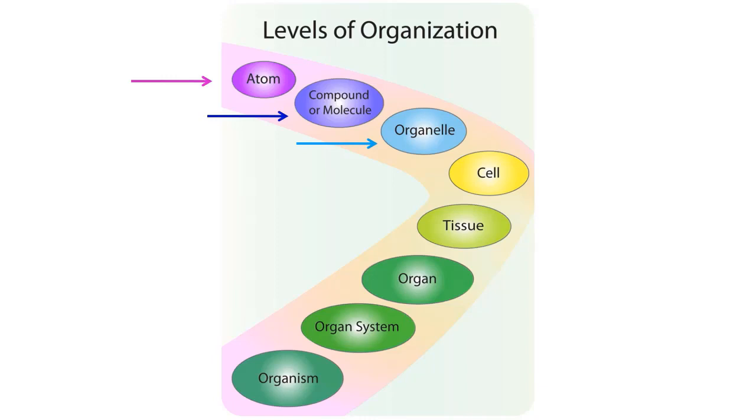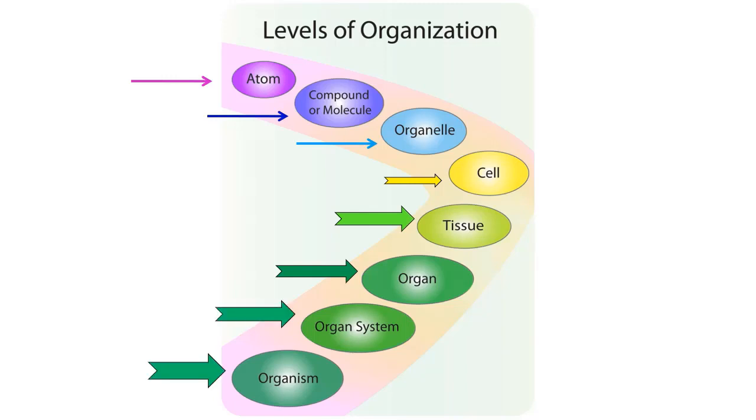Organelles are specific structures inside the cell that will do a specific function, like nucleus or endoplasmic reticulum or mitochondria. Then you have studied the cell as well in your biology. Now here we are going to start studying tissues, organs, and organ systems and organisms.